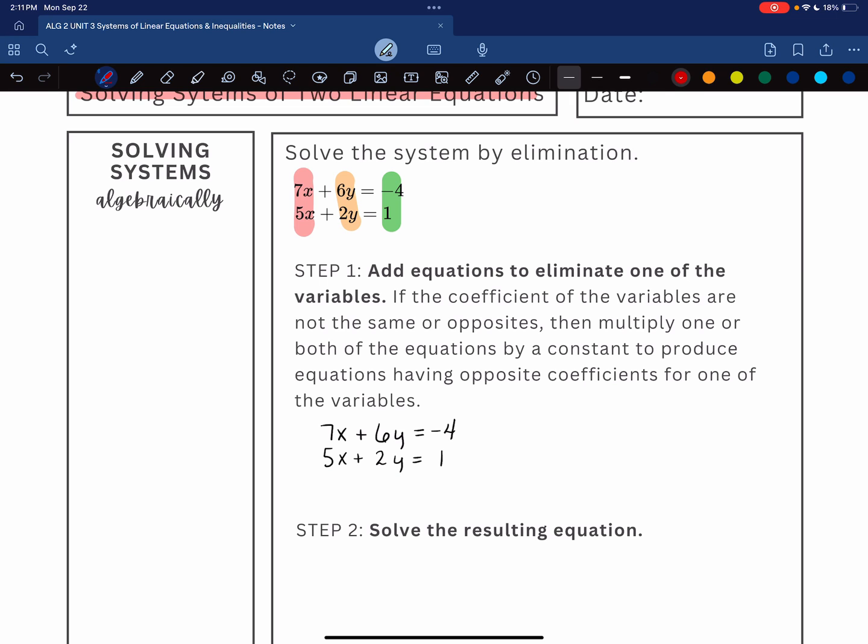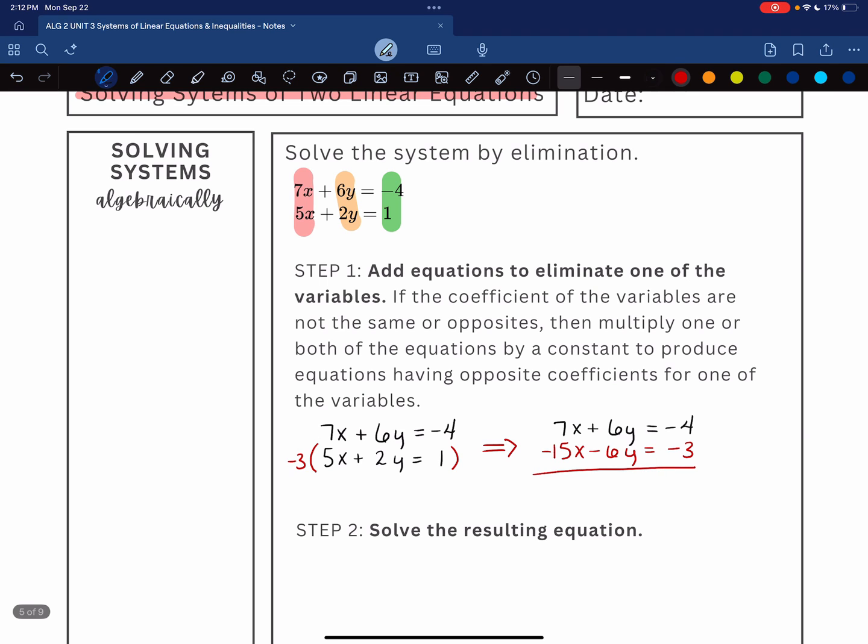If I multiply this second equation by a -3, check out what happens here. My first equation is going to stay exactly the same. But now my second equation is going to be -15x, then a -6y, and a -3.